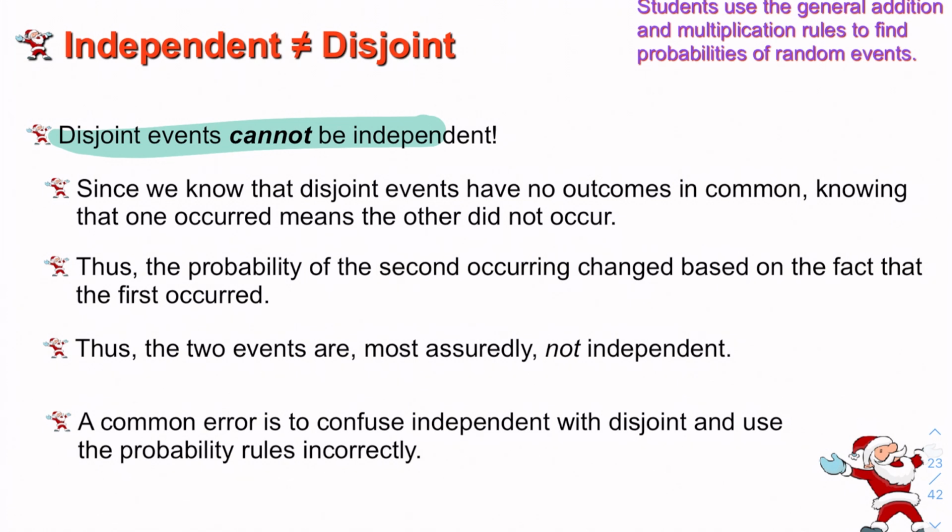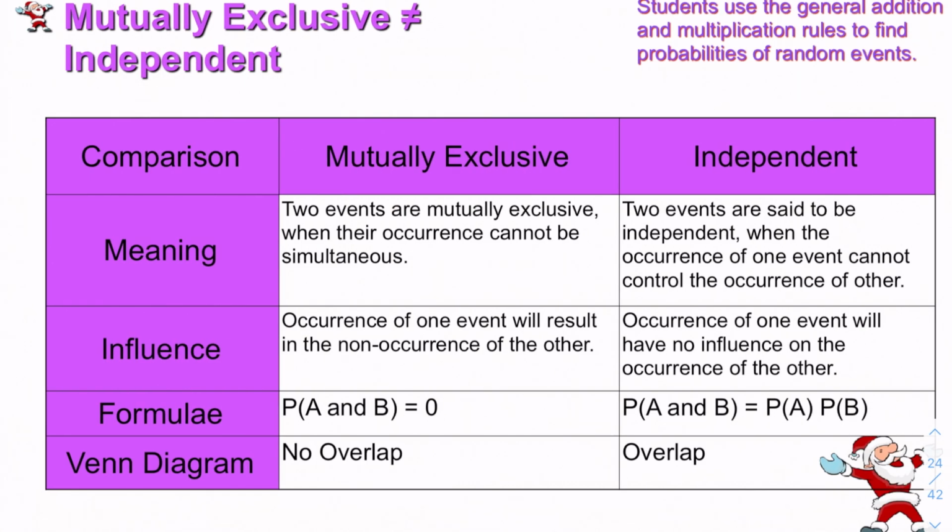Knowing that one occurred means the other did not occur. Thus, the probability of the second occurring changed based on the fact that the first occurred. Thus, two events are most assuredly not independent. A common error is to confuse independence with disjoint and use the probability rules incorrectly.